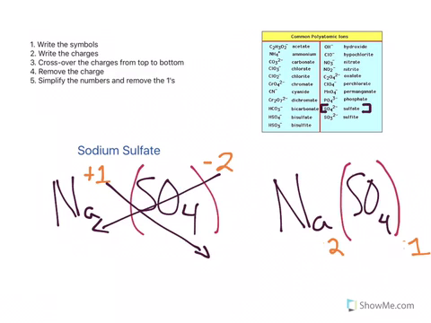I'm going to simplify the numbers and remove the ones. Now, because I am removing the ones, SO4 has a 1 on the outside, so I do not have to write the parentheses. I only have to write them if it's anything greater than 1. So I'm going to remove the parentheses. There's my chemical formula.